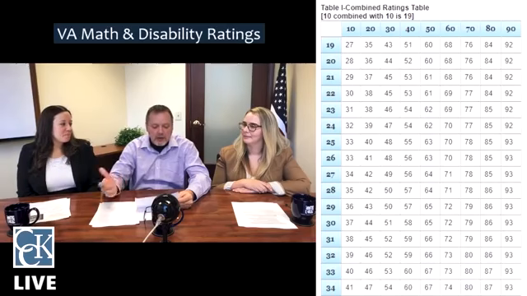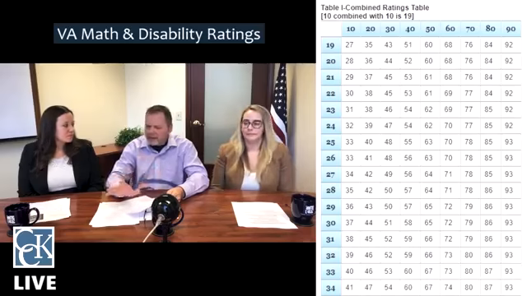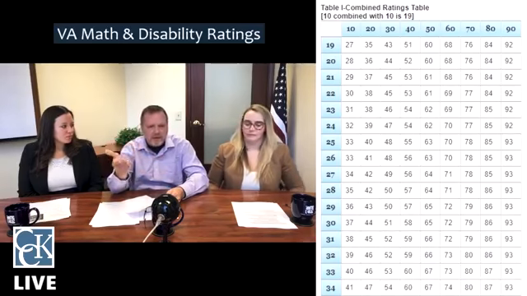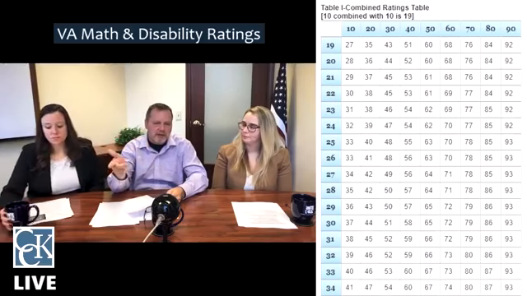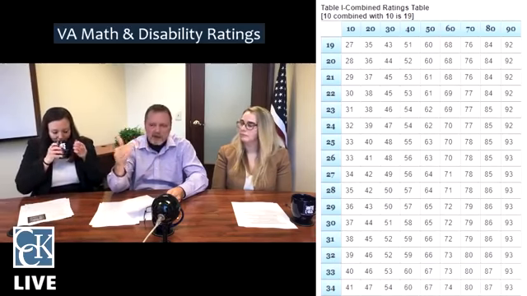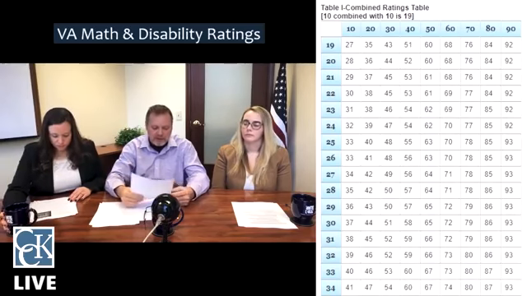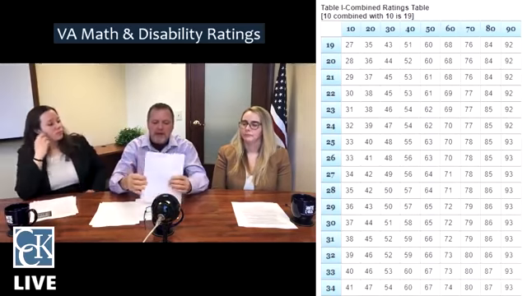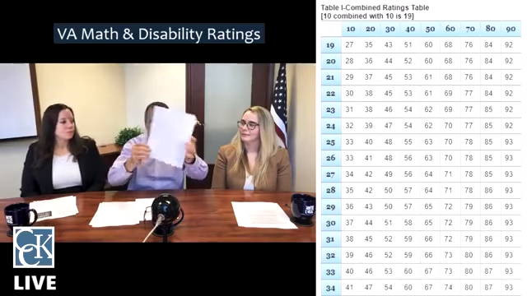Say you had a 50% disability rating, a 30% disability rating, and a 10% disability rating. You want to take those in order from highest down to lowest. So you start with the 50% disability rating, and you find that on the very left-hand side of the paper.